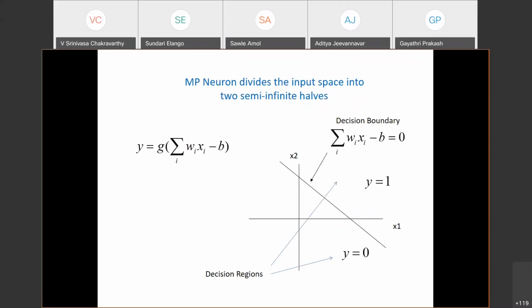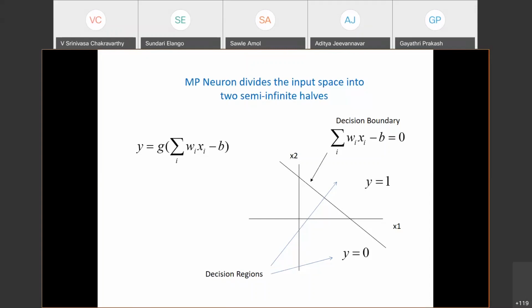So how do these regions look? If you look at the entire region where the output of the neuron is 1, y equal to 1, and the entire region where the output of the neuron y is 0, how do these regions look? And how does the border between these two regions look? To answer that question, you just look at when you get the border. When the argument is positive, you have y equal to 1.